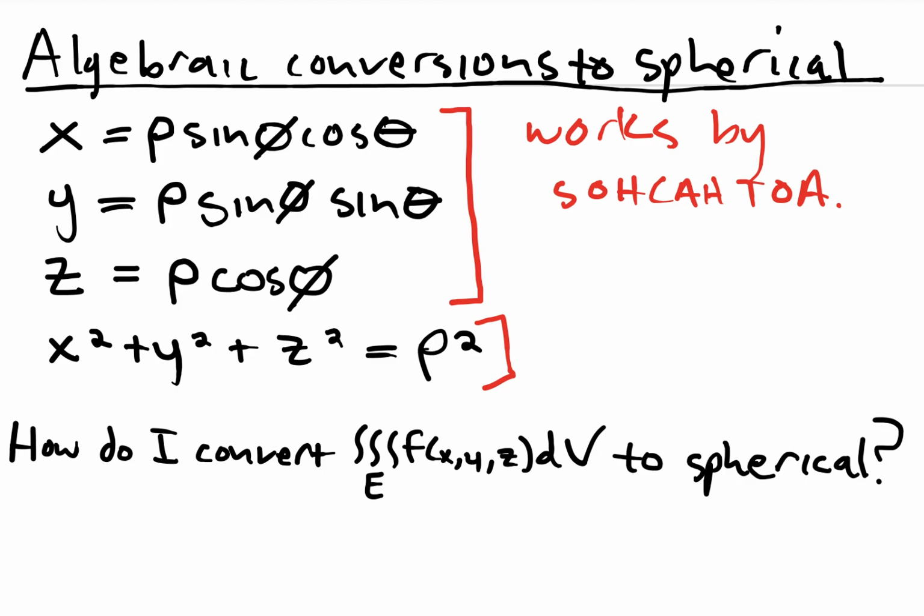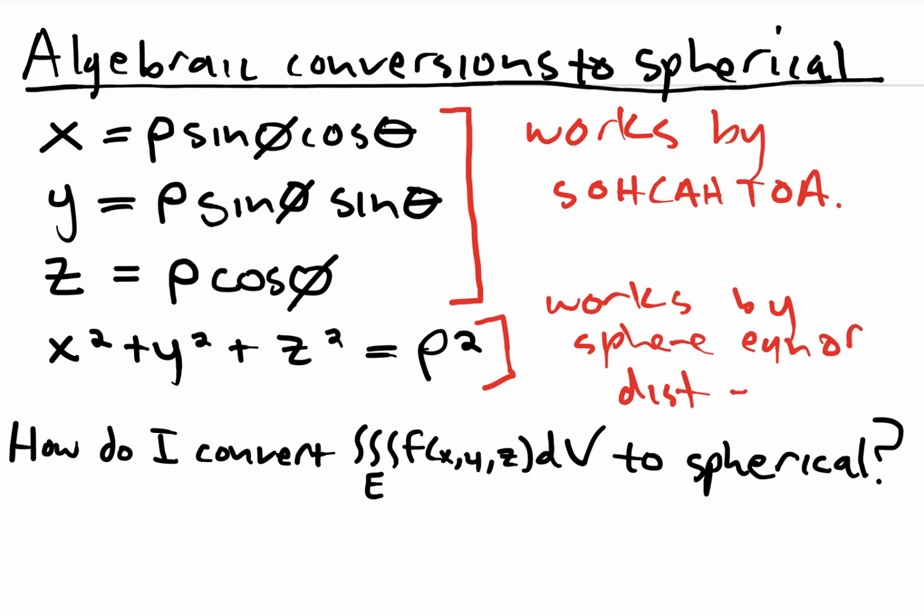And if you're wondering how to get the rho back, well, a similar trick. The square root of x squared plus y squared plus z squared comes out to rho. If you're wondering where this comes from, you can check that this works either by your sphere equation or by your distance equation. Okay, your distance formula.